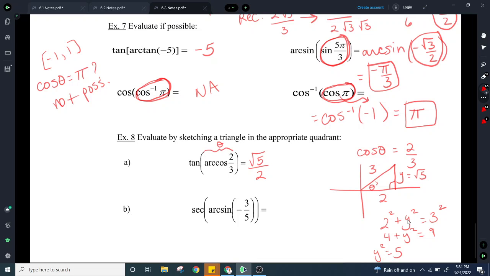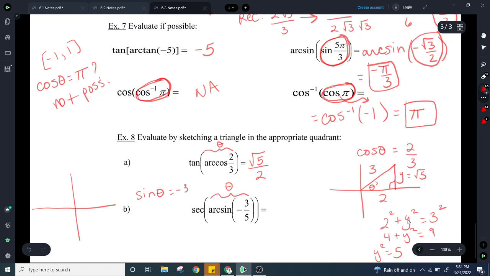The trick is getting your triangle labeled in the correct quadrant. Let's do the last one. So let's think about where we need to draw this. This is the angle theta, whose sine value is equal to -3/5. So where is this going to be if I'm talking about arc sine and I want arc sine of a negative value? This has to be in the 4th quadrant.